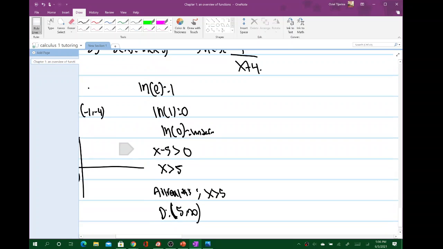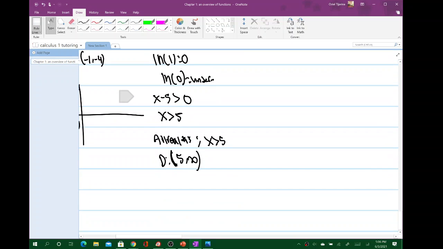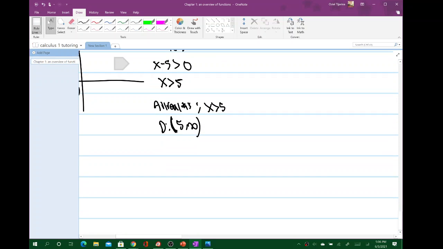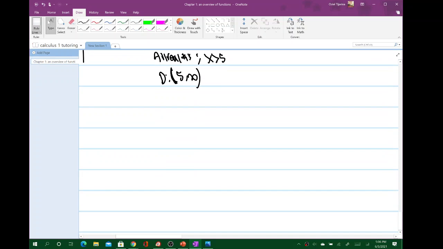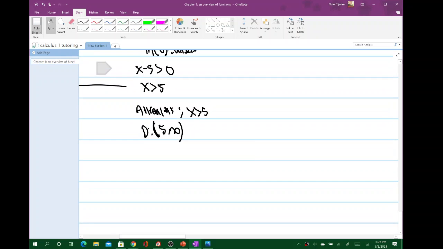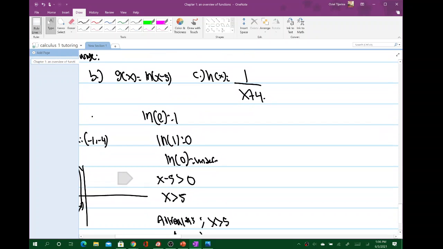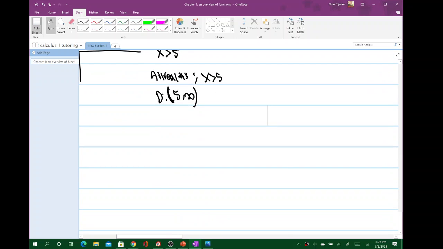Okay, and then the range is going to be, let's see. I'm trying to think about this one because I always kind of forget the shape of the natural log.